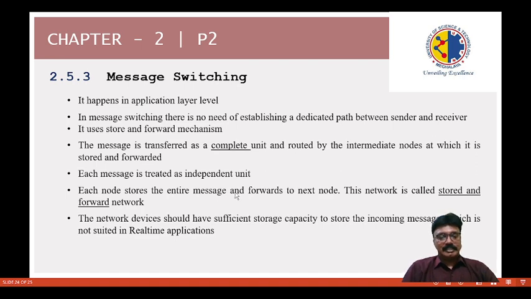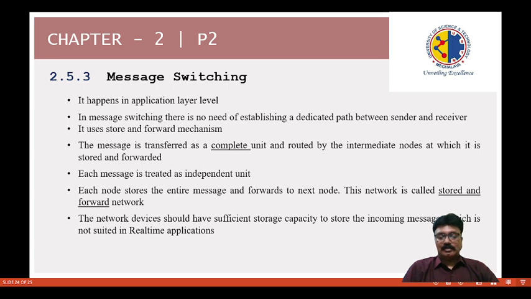The message is transferred as a complete unit and routed by the intermediate nodes, at which it is stored and forwarded. Each message is treated as an independent unit. Each node stores the entire message and forwards it to the next node. This network is called a store and forward network.